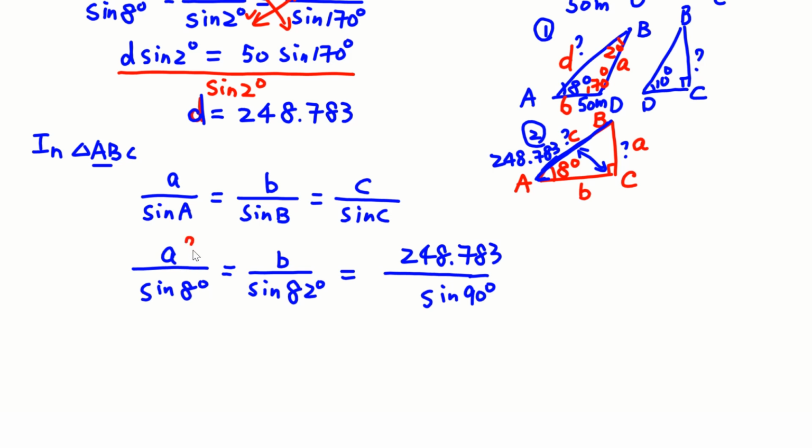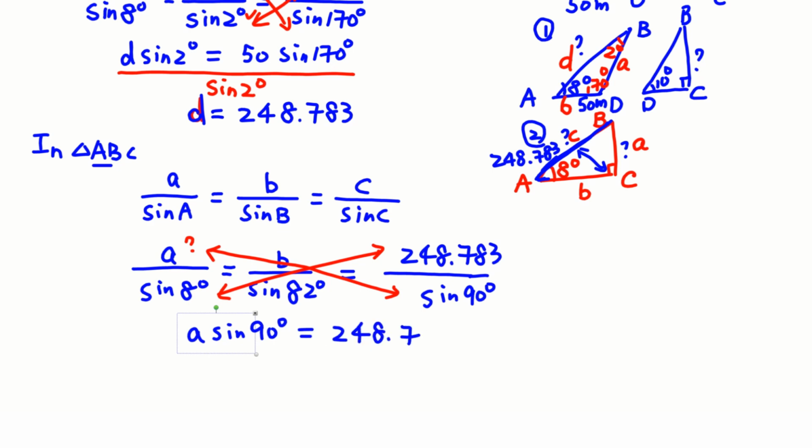So we are going to use this cross multiply. Then we have A times sine 90 degrees equals 248.783 times sine 8 degrees.